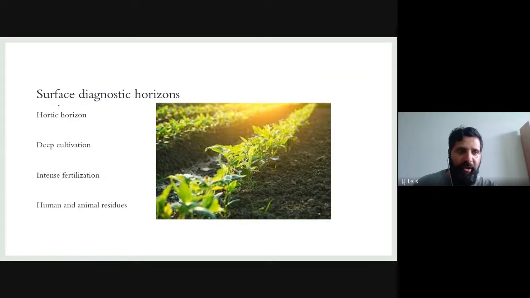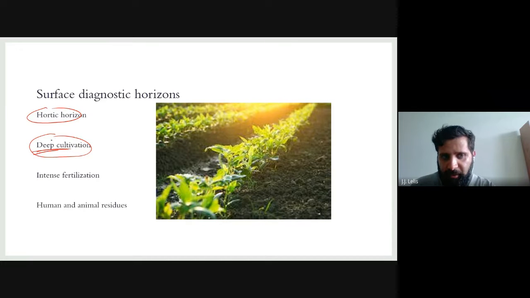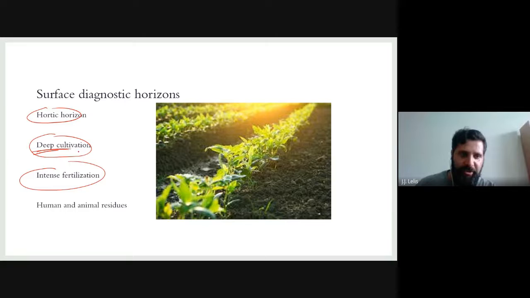We finished our last class discussing the irragric horizon, which is also a horizon produced by man. They are formed under deep cultivation of soil and intense fertilization.